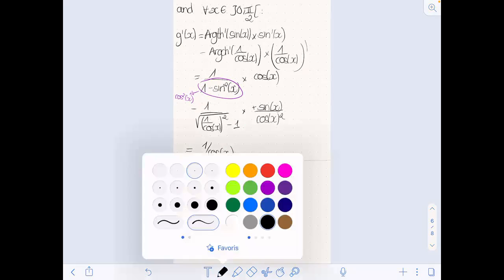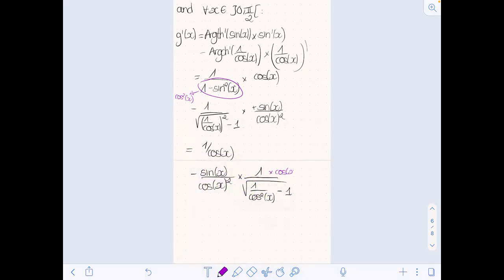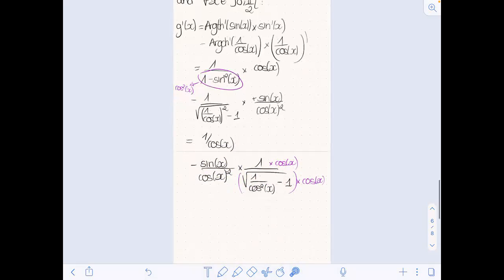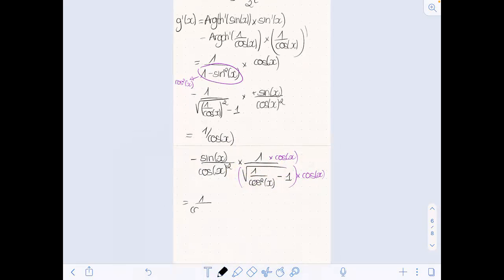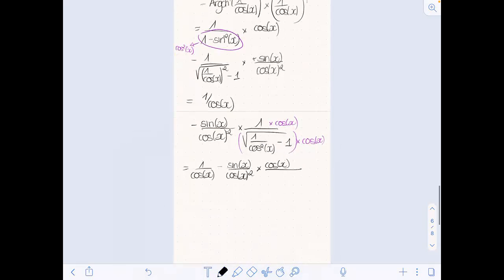If we multiply all of that by cosine, you can then bring cosine into the square root. You get cosine squared here, and you'll get 1 minus cosine, and that will give us the expression that we want in the end. So we get 1 over cosine of x minus the 2 terms that we've got in front times cosine of x divided by a square root again, but we get 1 minus cosine of x squared.